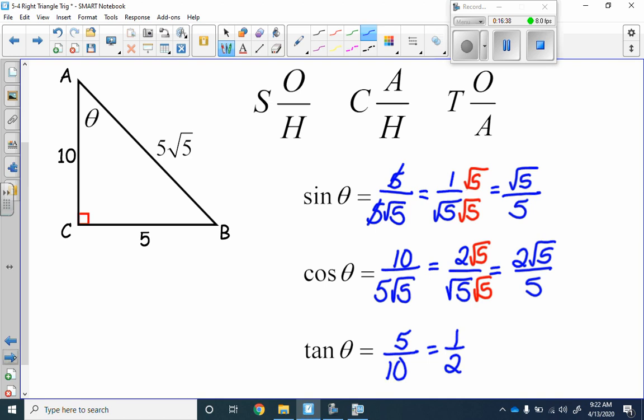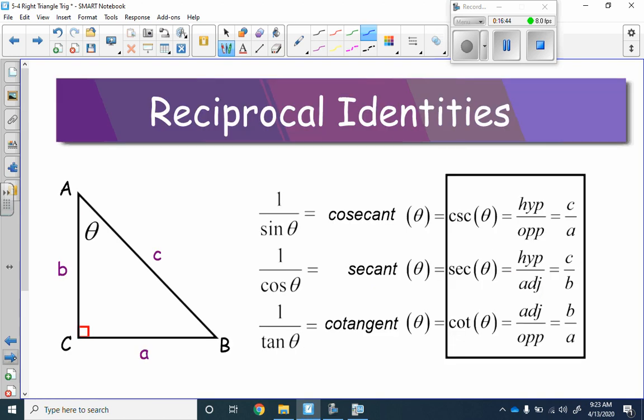Now there are another 3 ratios that go along with sine, cosine, tangent that we did not cover in geometry, and that is the reciprocal identities: cosecant, secant, and cotangent. Reciprocal means you're flipping the fraction around, so 1 over the sine is referred to as the cosecant.